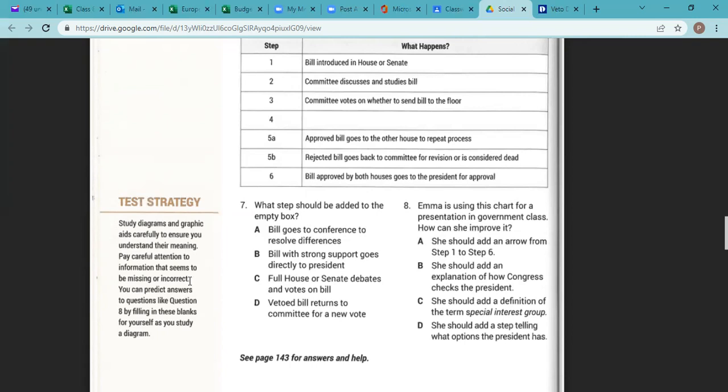C, the full House of Representatives or the Senate debates and votes on the bill? Or is it D, vetoed bill returns to the committee for a new vote? So hit your pause button and try to look through here and see what you think it is. All right.